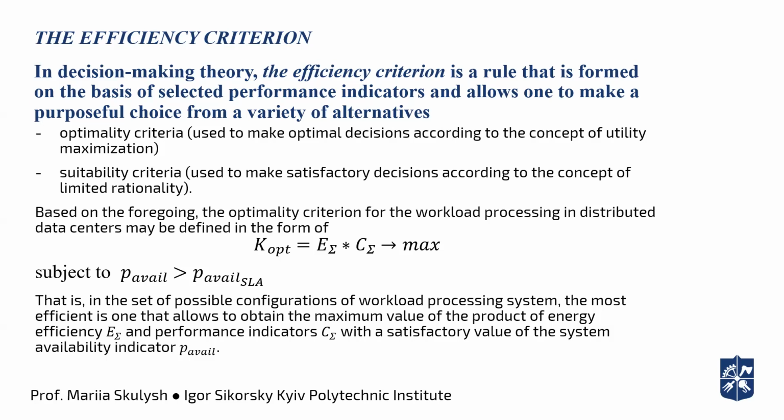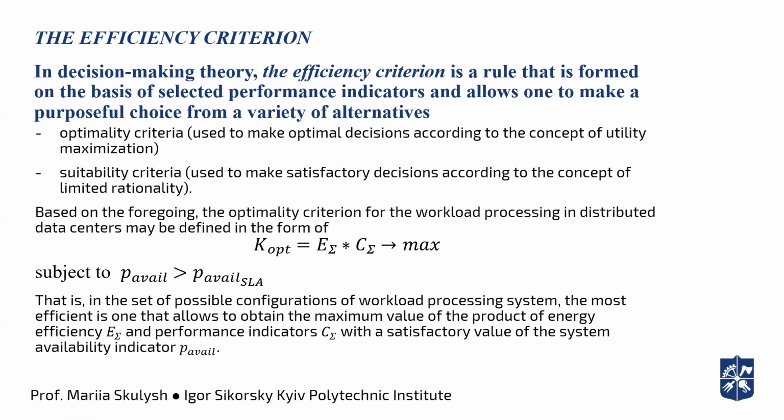Then, according to efficiency criteria: an efficiency criterion is a rule that is formed on the basis of selected performance indicators, and always aims to make a purposeful choice from a variety of alternatives.